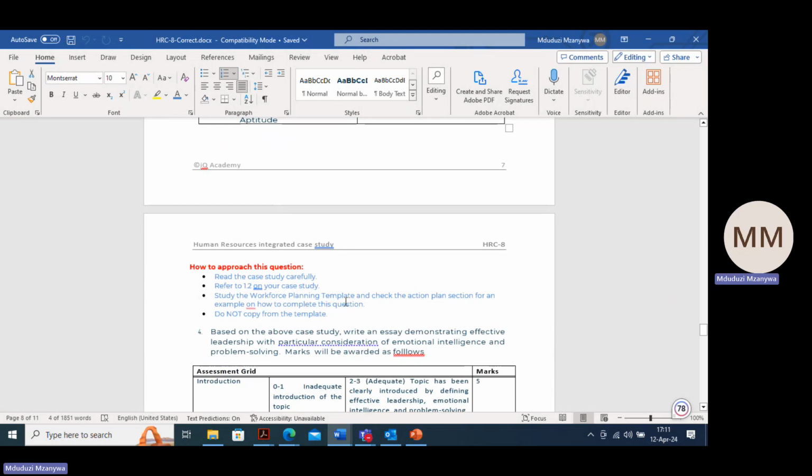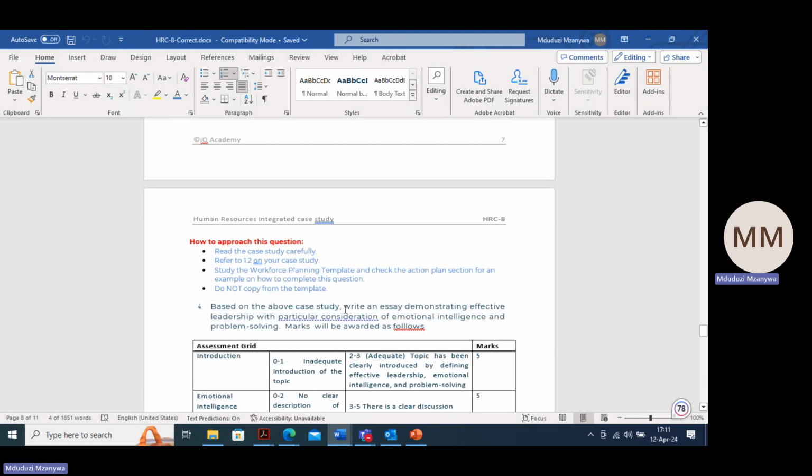Check the workforce planning template, and go right into the action plan section to see how a job analysis is usually done. Please, once again, do not copy and paste this from your study guide. It will be different. Your case study adds the different part outside your study guide.